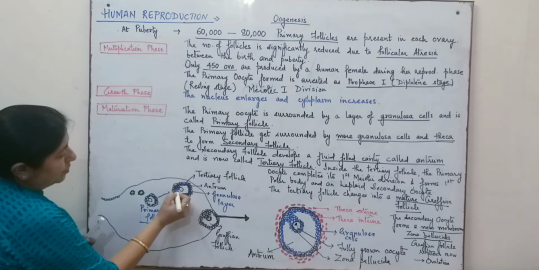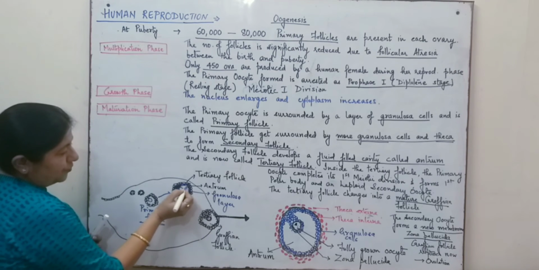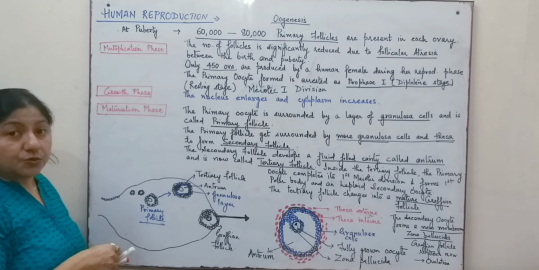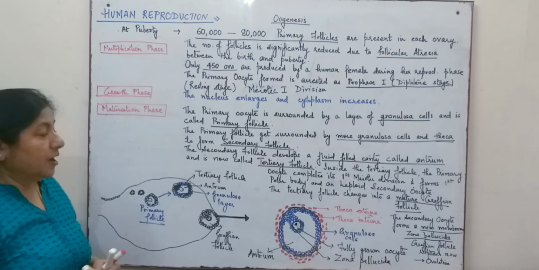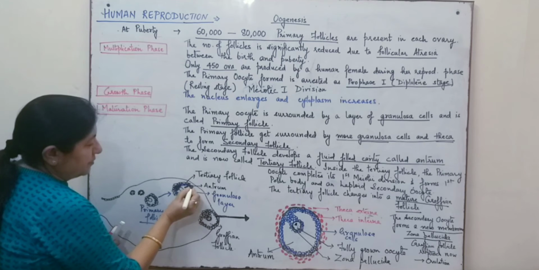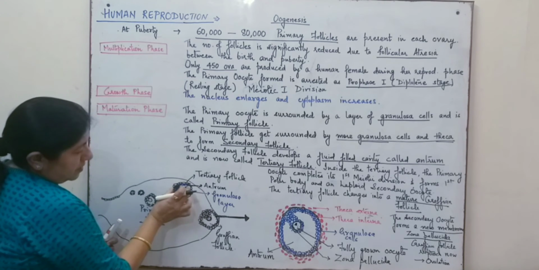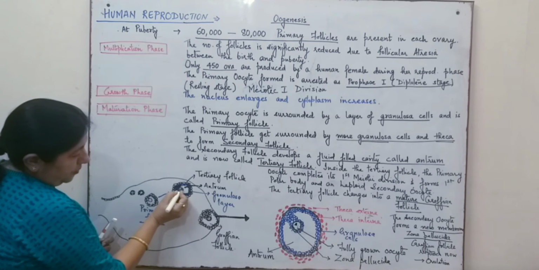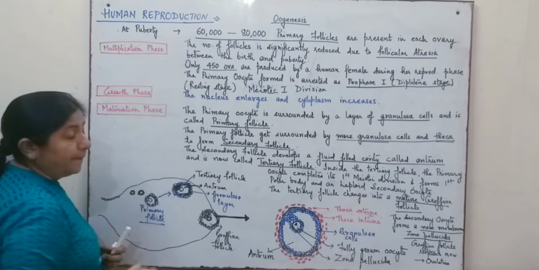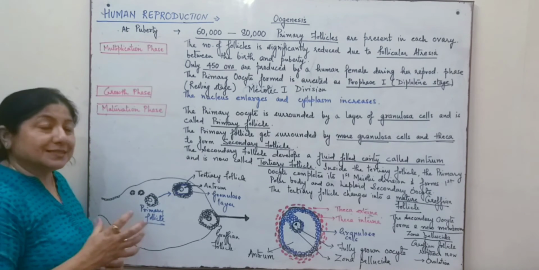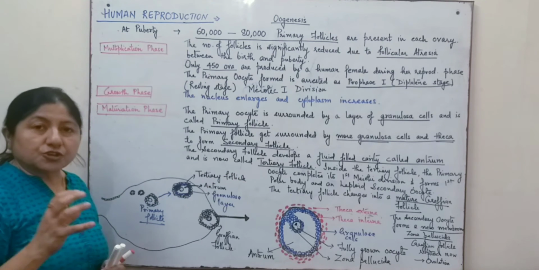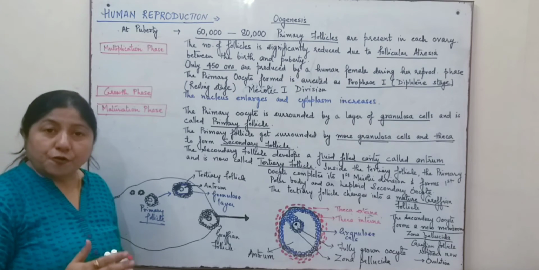These granulosa cells are present, and over here, this is the fluid-filled cavity which is known as antrum. As soon as the antrum appears, granulosa cells are attaching themselves to the primary oocyte over here. Now, the appearance of the antrum is an indication that the tertiary follicle is formed.